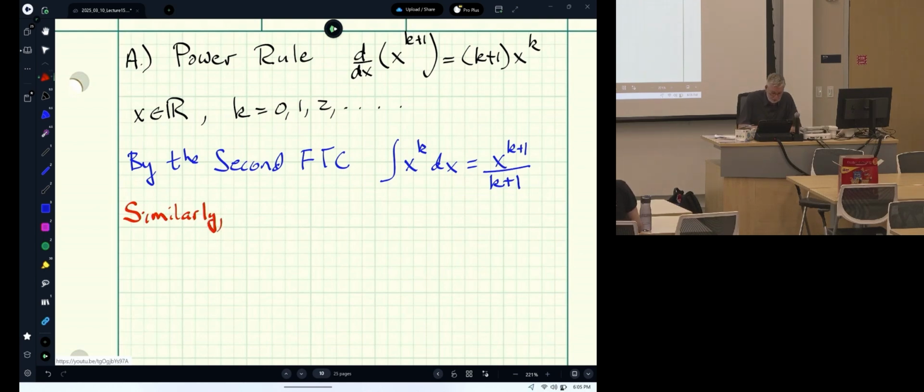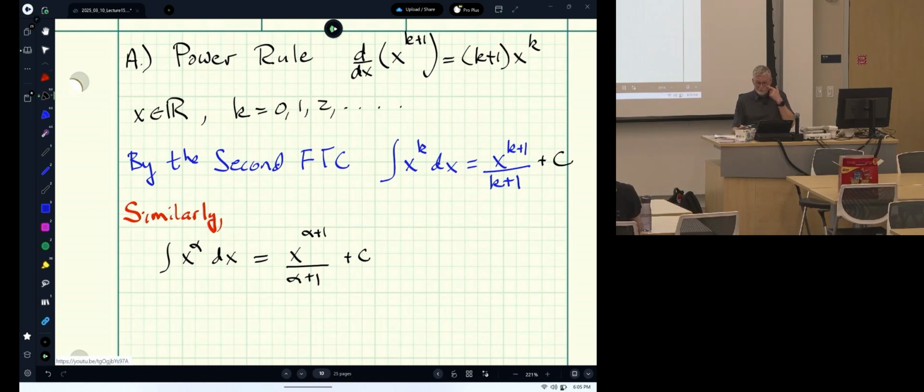Similarly, the integral of x to the alpha, the antiderivative is x to the alpha plus 1 over alpha plus 1. Well, I should have written a constant here.